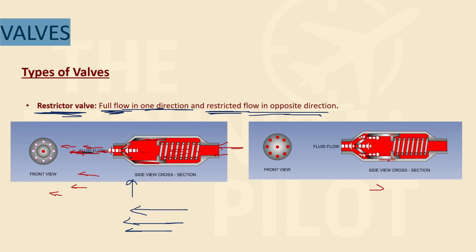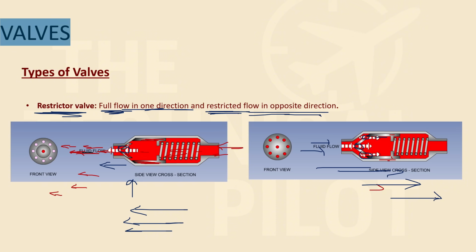In this, the flow of the fluid is from left to the right, and it has moved this attachment to the right hand side, creating one hole here, one hole here, another one here. So you have a lot of holes here, but here you'll have only one hole. There will be restricted flow in this direction, and unrestricted or full flow in the opposite direction. That is what a restrictor valve does.